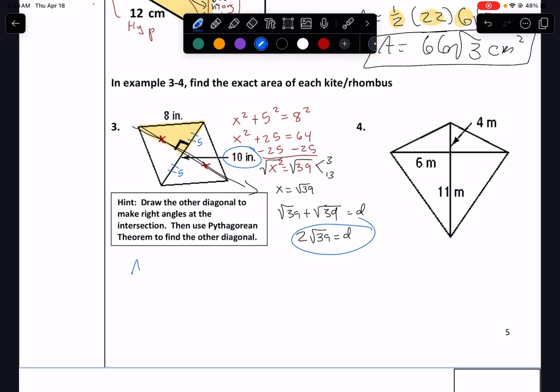So area equals 1/2 diagonal 1 times diagonal 2. So area equals 1/2 of 10 times 2 square roots of 39. So 1/2 times 10 times 2, our area would be 10 square roots of 39 inches squared.